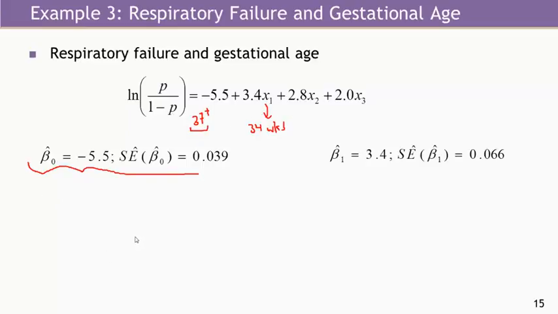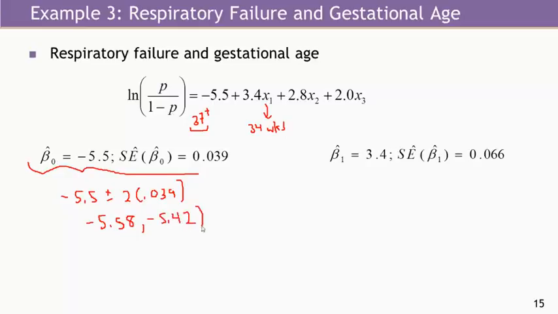If we do that, the standard error is equal to 0.039. So if we take negative 5.5 plus or minus 2 times 0.039, we get an interval that goes from negative 5.58 to, roughly speaking after rounding, negative 5.42.